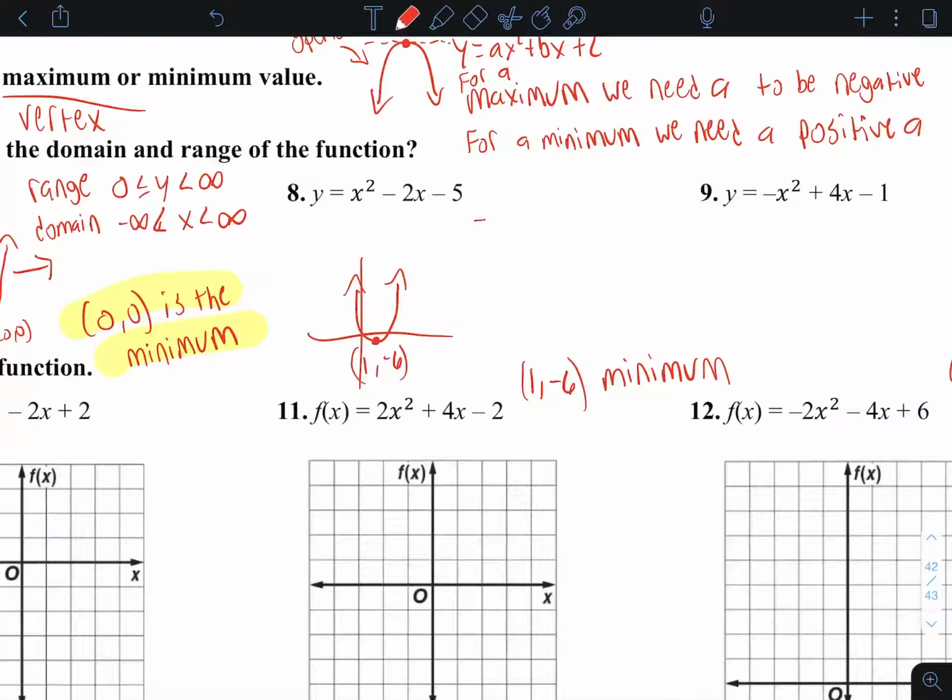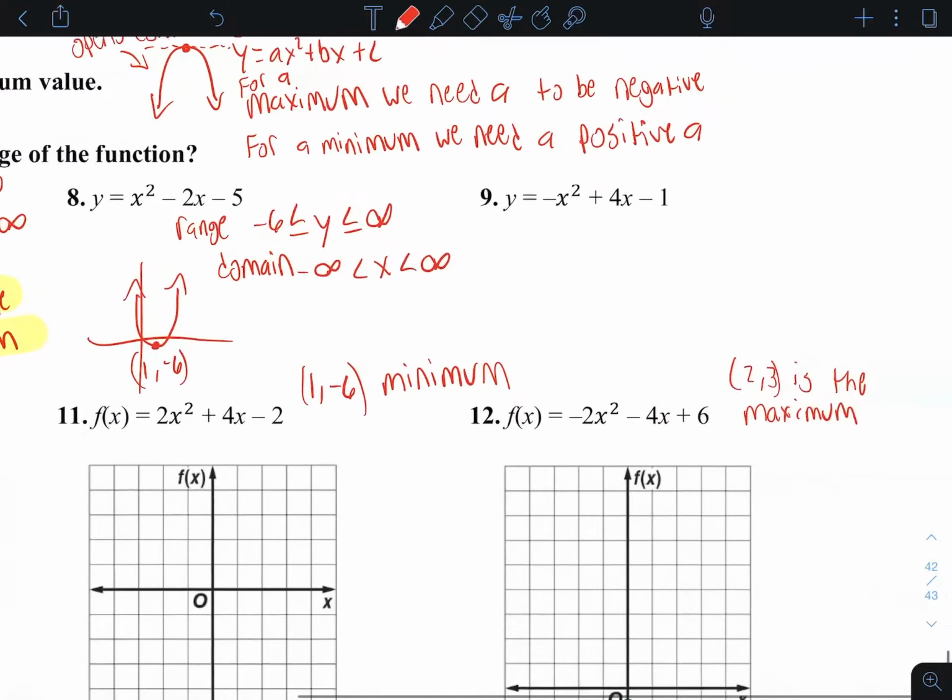So if that's the smallest number, then negative 6 is the smallest y, and the biggest y is infinity for the range. For the domain, there's no boundary again. We can go to negative infinity, we can get close to positive infinity.